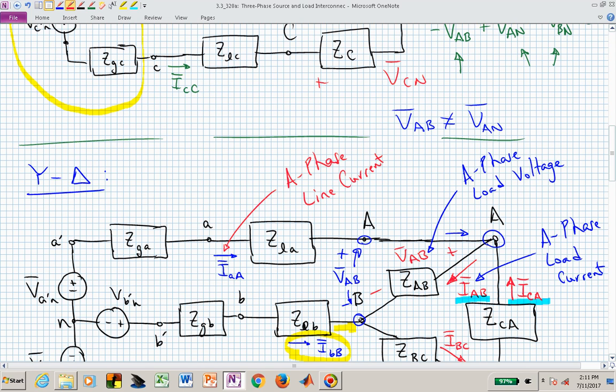What is the line-to-line voltage at the terminals of the source in the A phase? That would be this voltage in this configuration, V sub AB. So we have to keep all of these different terms clear, and we'll try to reinforce that as we work through more videos.